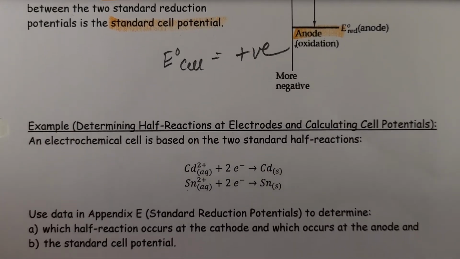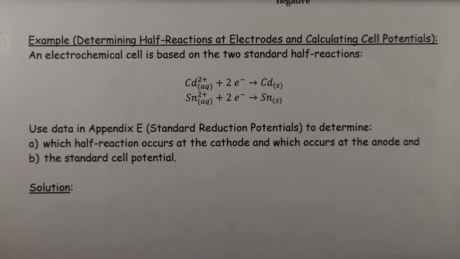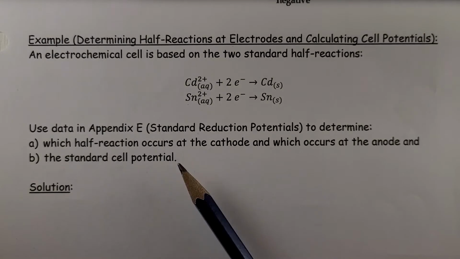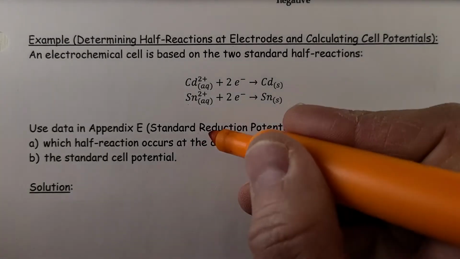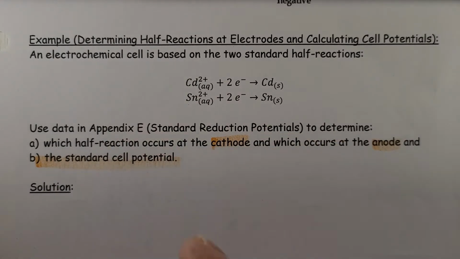All right, so let's take a look here. How do we look at that? Here we have determining the half reactions at electrodes and calculating the cell potentials. We have two reactions, and it says use the data in Appendix E to determine which of these reactions is at the cathode and which one's at the anode. And then once you do that, do what we just did, figure out the potential.